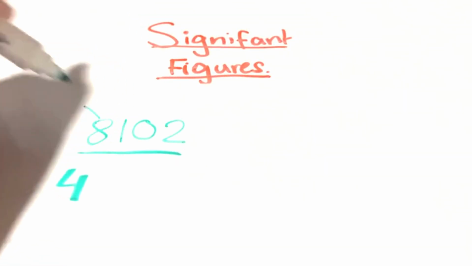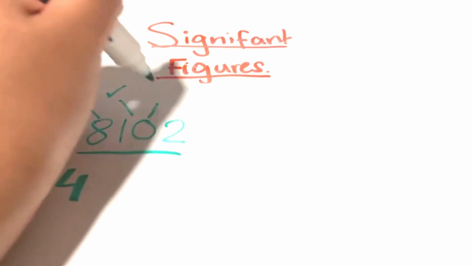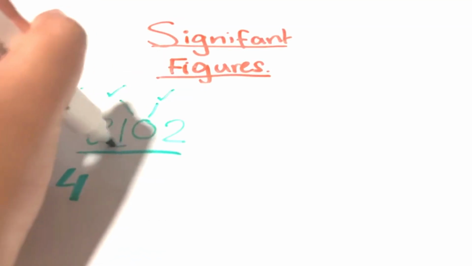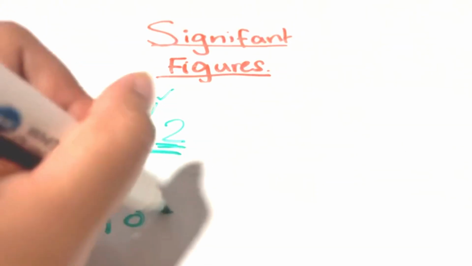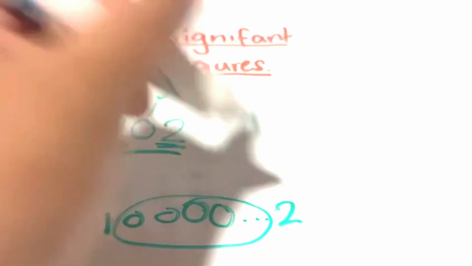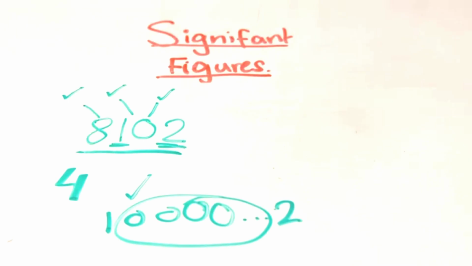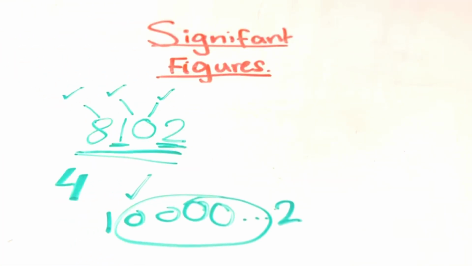So this 8 is significant, this 1 is significant, and this 0 is significant because it's surrounded by neighboring significant figures. If we had a number like 1000 with lots more zeros and then a 2, everything in the middle is going to be significant. So that's why this number has 4 significant figures.